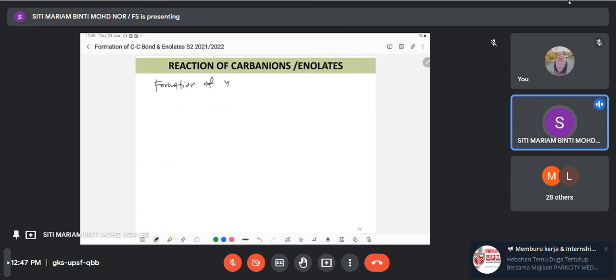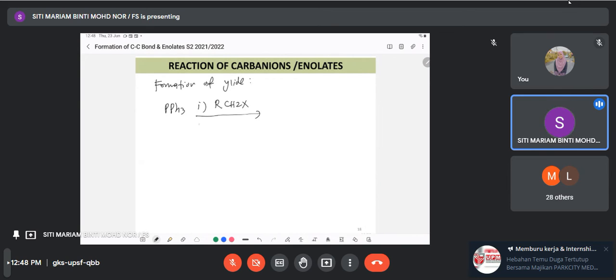You can prepare this ylide from triphenylphosphine, PPh3. You have triphenyl, P is phosphorus, so we call it triphenylphosphine. You react it first with alkyl halide. I just put a general equation.